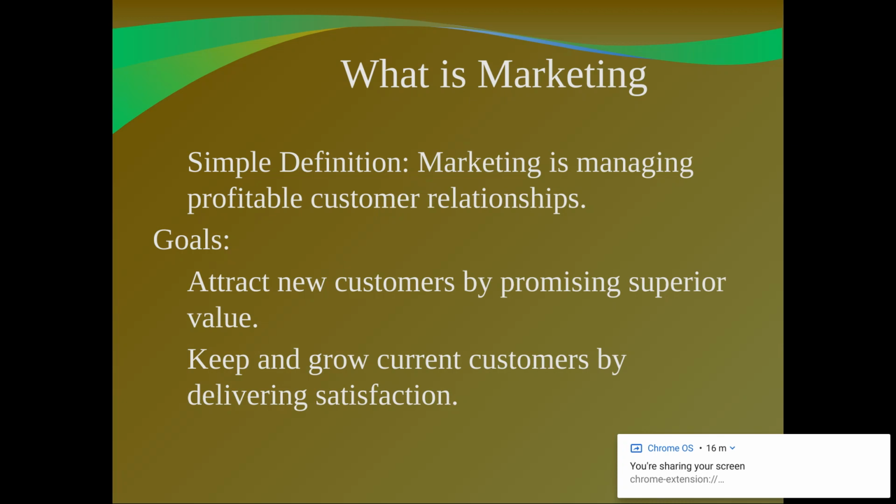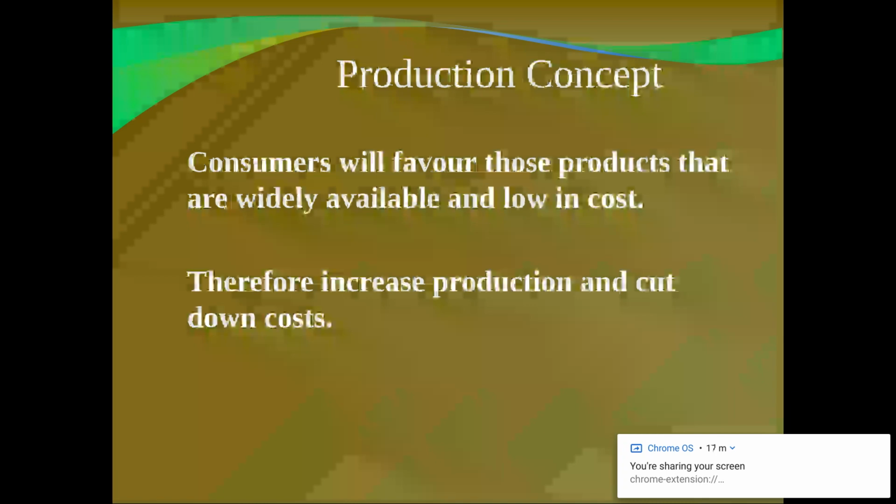Now we are going to discuss the concepts of marketing in different eras. The first concept that came into being was the production concept, and it stated that consumers will favor those products that are widely available and low in cost. Therefore, increase production and cut down cost. This era was between 1900 and 1920.